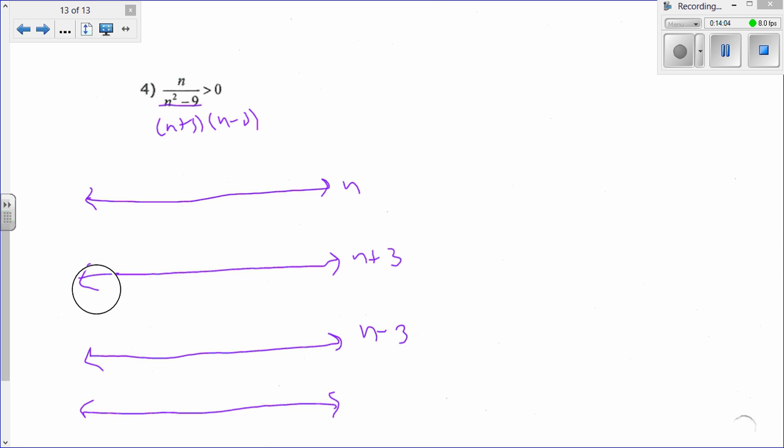And then you have your final answer. n is 0, and we substitute 0 in. And the second one with the n plus 3, n is 0 at negative 3. For the third one, n is 3.